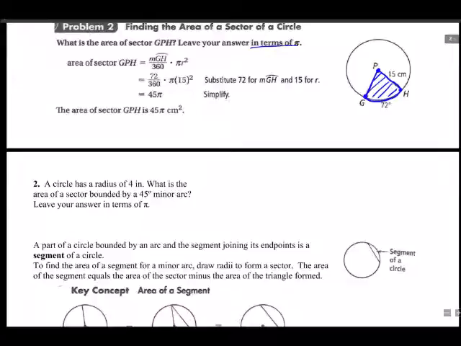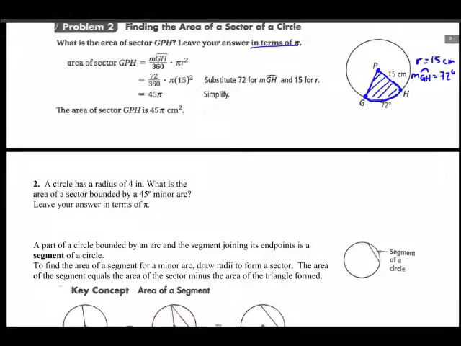Okay, so what do we need to know about this? We need to know that our radius is 15 centimeters, and the measure of arc GH is 72 degrees.